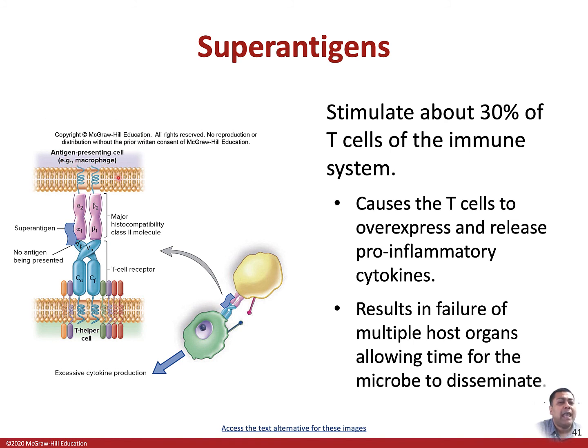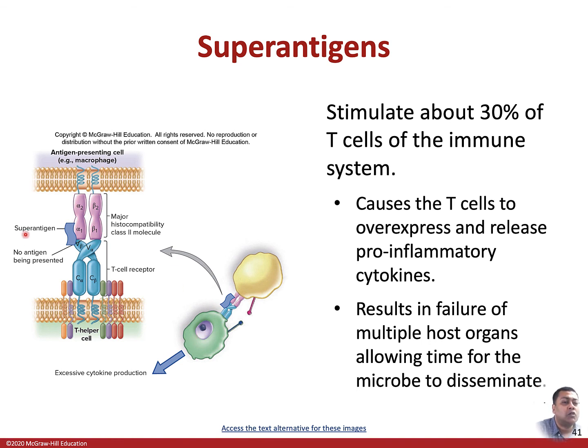Essentially, they will capture the pathogens and present the antigen to the T cells, and these T helper cells will activate the immune system. This only happens if there is an antigen, and here you can see that no antigen is being presented. Here there should be an antigen, and only at that time will this T helper cell bind to this antigen and activate the immune system.